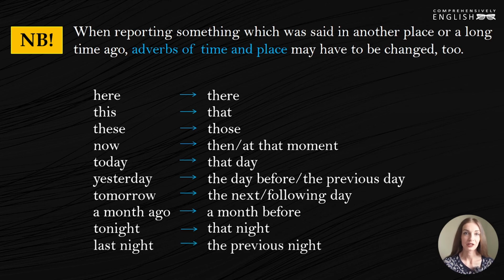I hope it's clear why, because time flies, and those places and moments of time we were speaking about at that particular moment in the past have already changed by now, yeah? And we need to change them accordingly in our reported speech.